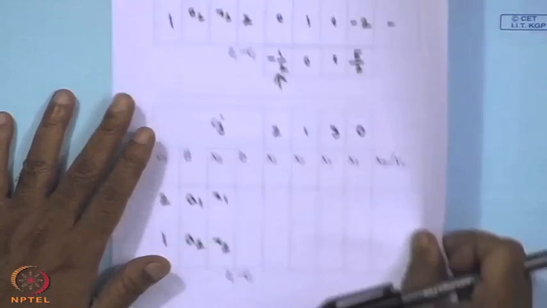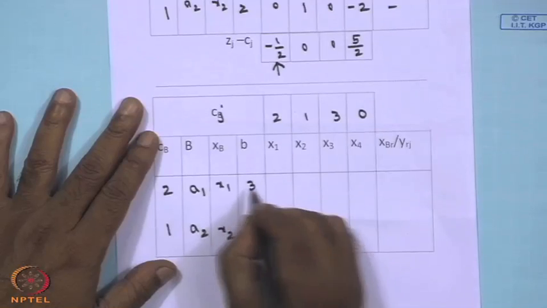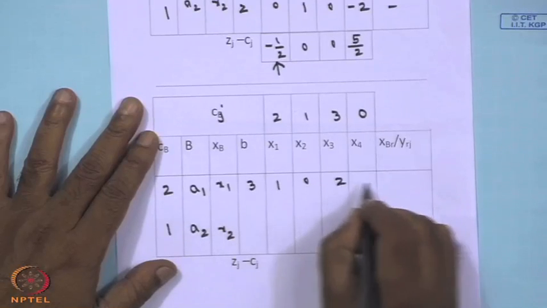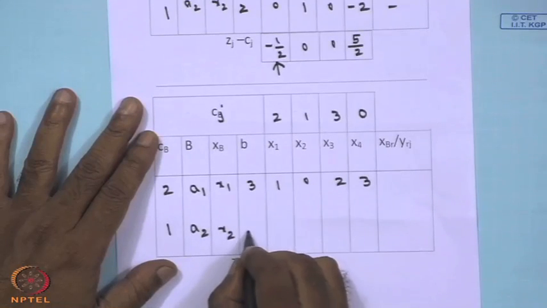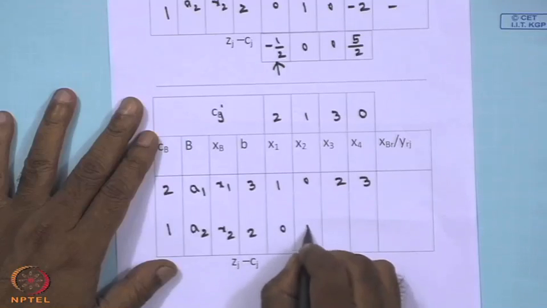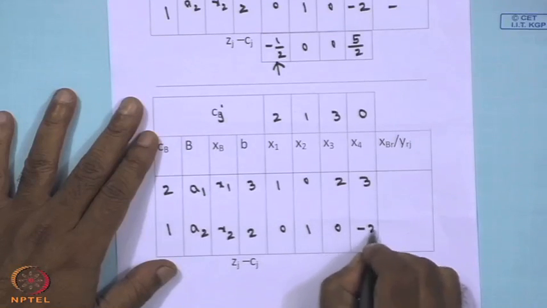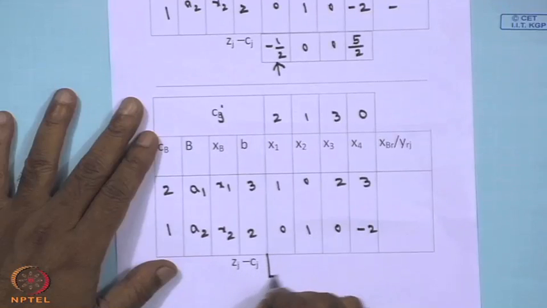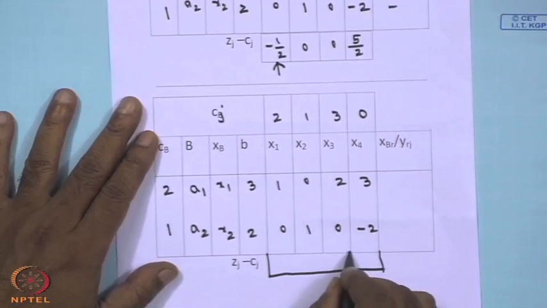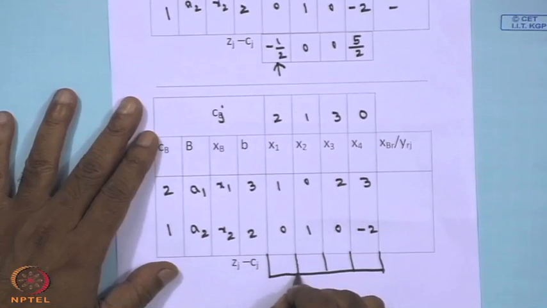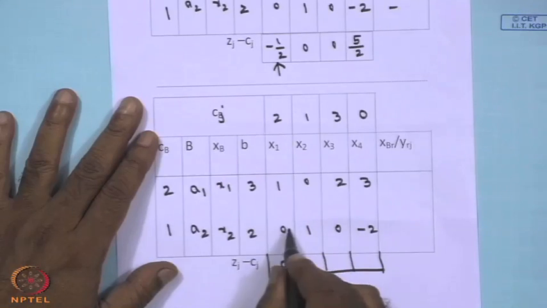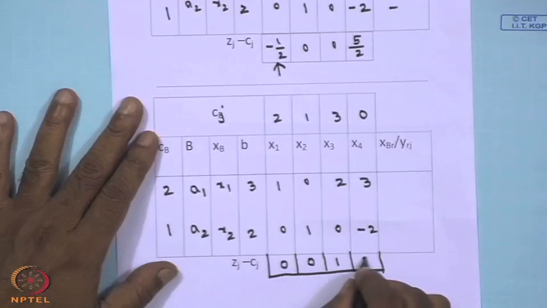In the same way, as you calculate, it becomes 3, 1, 0, 2, 3 and 2, 0, 1, 0, minus 2. If you calculate z j minus C j over here, you will get the values 2 plus 0 minus 2, 0, like this. This will be 0, this is 1, this is 2.